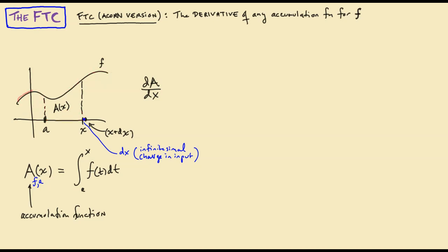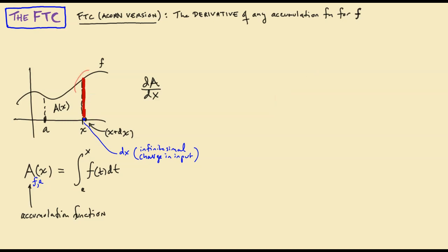It'll now be the area under the curve between a and x plus dx. So all the area that was there before is still there, and then I get this infinitesimal bit of area tacked on the end. This is a little infinitesimal rectangle. So instead of problems in the past where we chopped a region like that up into infinitesimal rectangles, we're just scooching this over a little bit just to pick up one of them.